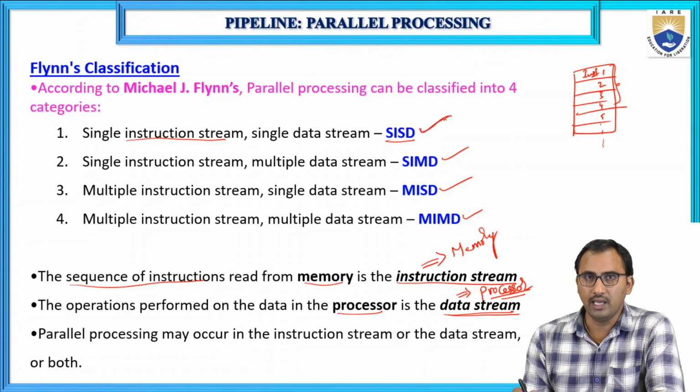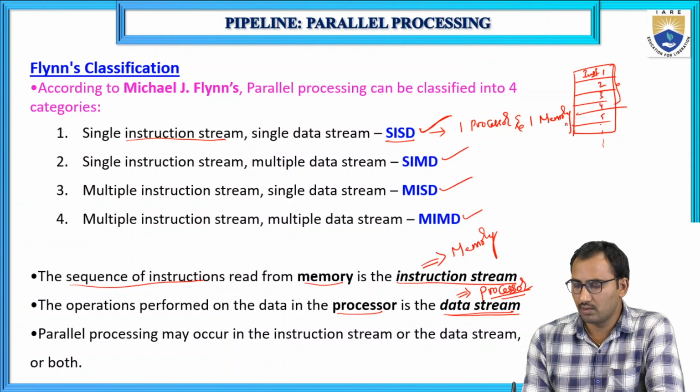So in SISD, single instruction stream and single data stream, that means we have one processor and one memory device. In SIMD, we have single instruction stream, so one memory, and multiple processors.